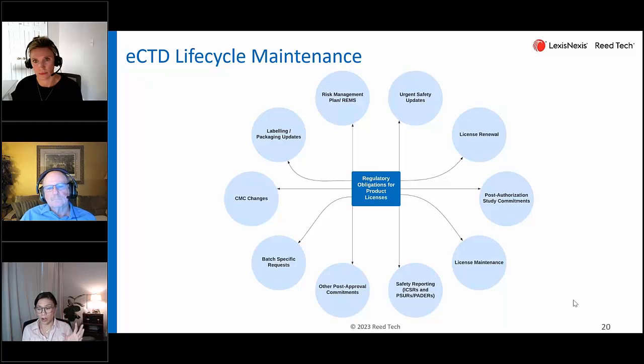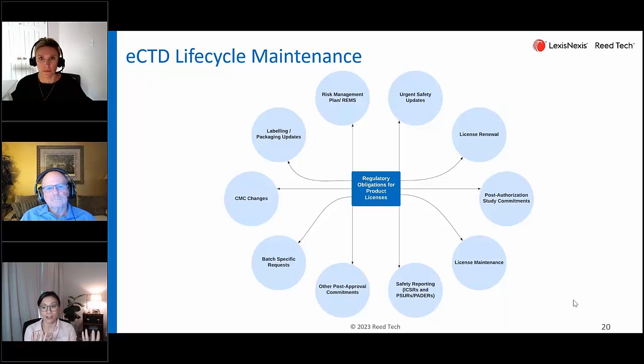The question is, how long does the eCTD last? In a nutshell, as long as the product is active in the marketplace, the eCTD is active. I'll give you an example. The oldest drug I've worked with in my past life, and I'm dating myself, is Premarin. That drug was approved in 1942, and that eCTD is active, because there's ongoing study, updates, safety requirements, and annual maintenance of the product.